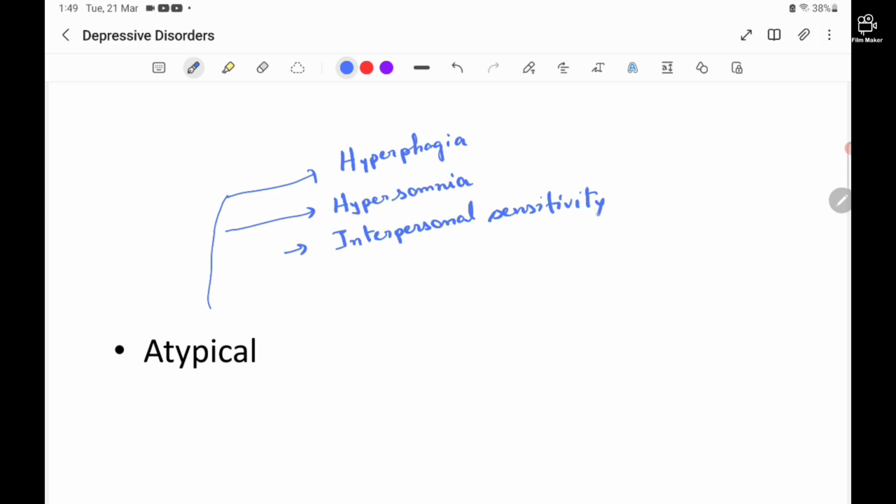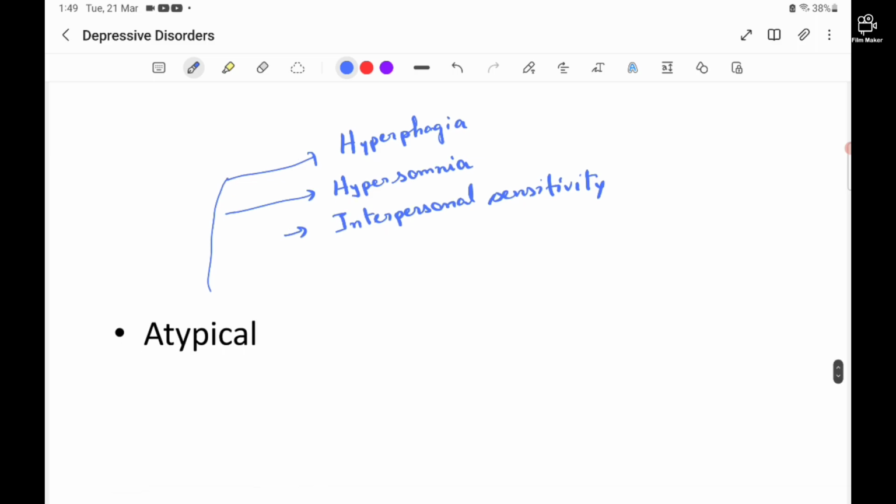By interpersonal sensitivity, what is meant is that the person feels angry and gets depressed when some specific things are said to him. Maybe someone speaks about he does not play football well and he goes into depression. Someone speaks that he is not good in his academics and he goes into depression, like this. This is interpersonal sensitivity.